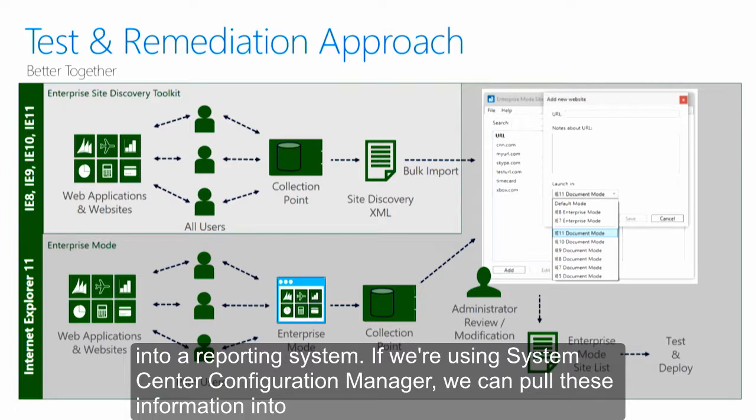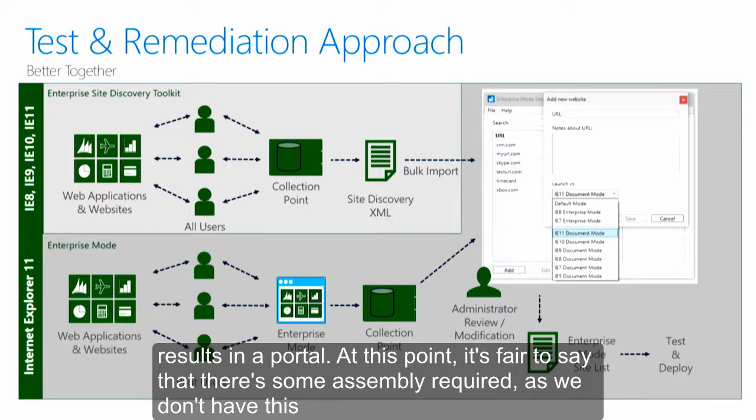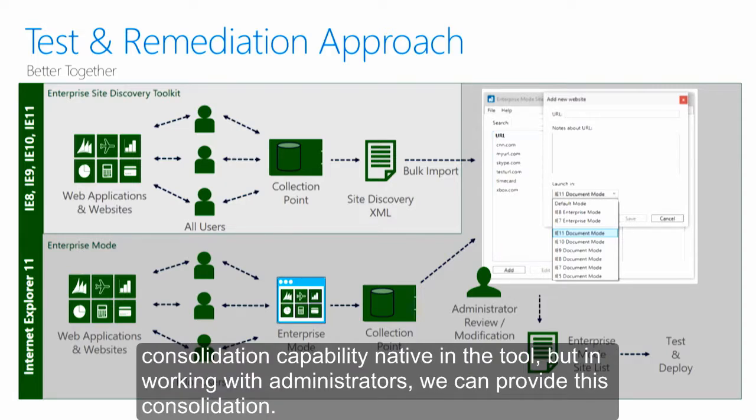If we're using System Center Configuration Manager, we can pull this information into the SCCM inventory. Otherwise, we can create a bulk import of the Site Discovery XML files and tabulate those results in a portal. At this point, it's fair to say that there's some assembly required as we don't have this consolidation capability native in the tool. But working with administrators, we can provide this consolidation.